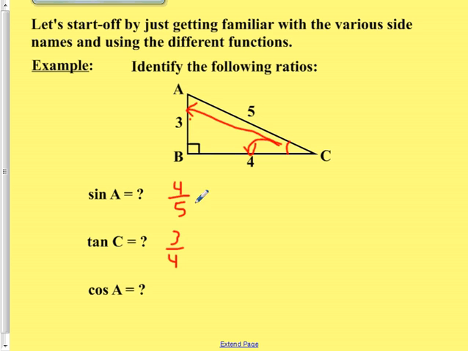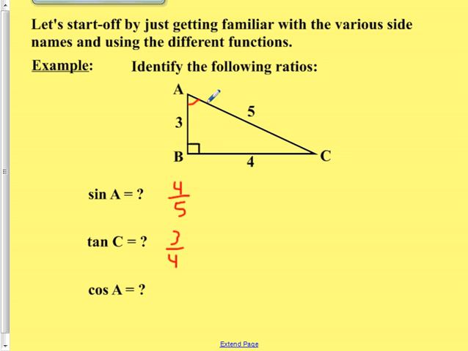And lastly, we are asked to look at cosine from the angle near vertex A. So once again, we are up here for theta. And what is it that cosine means? Think about your SOHCAHTOA. Cosine is the middle group of 3 letters. That's the C-A-H.